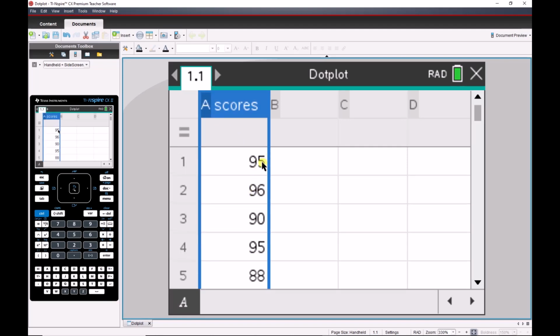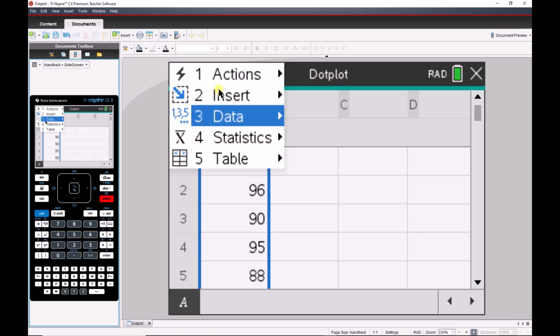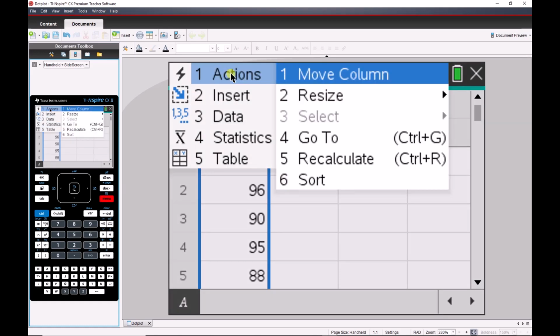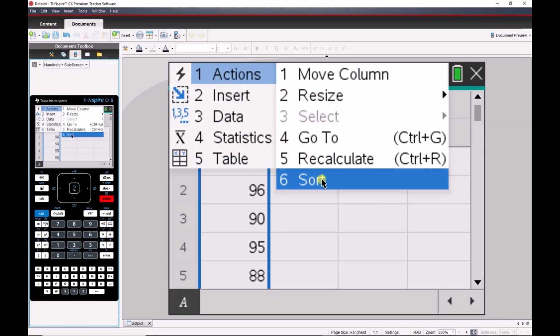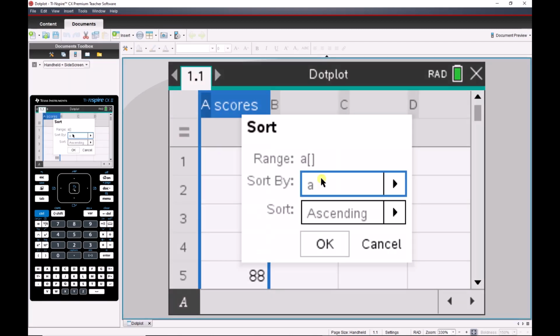Now we can do a dot plot with a TI-Nspire, but the major thing we want to do here is sort. So what I would do is go all the way up and select the whole column, and then go to Menu, Actions, and Sort. Sort is choice 6, so Menu, Actions, Sort.